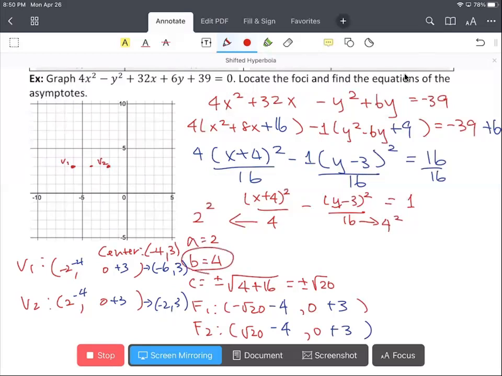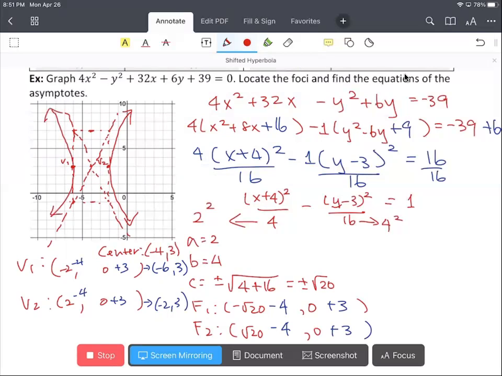Since our b value is 4, we go up 4 units, down 4 units, and we create the center box in order to graph our asymptotes. For the asymptotes, we connect the opposite corners and graph this X shape. Then we know how our hyperbola curve should look.